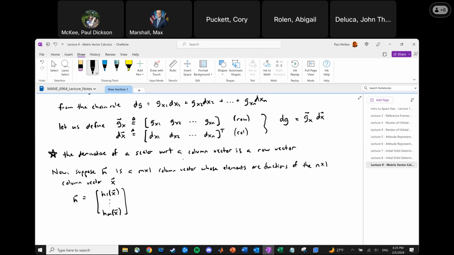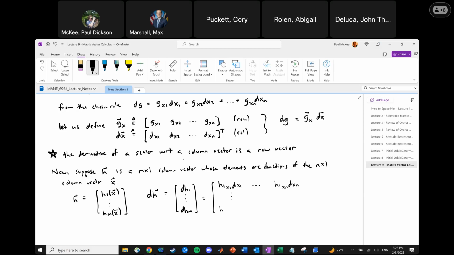So in that case, the differential of H, which is just dH1 all the way to dHm, is h1 sub x1 dx1 all the way to h1 sub xn dxn.